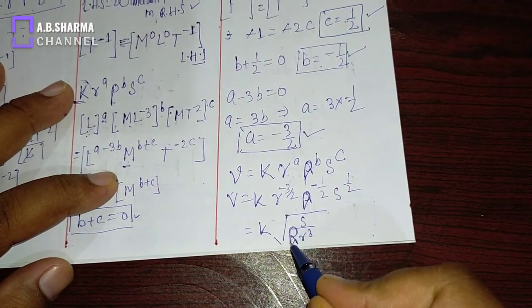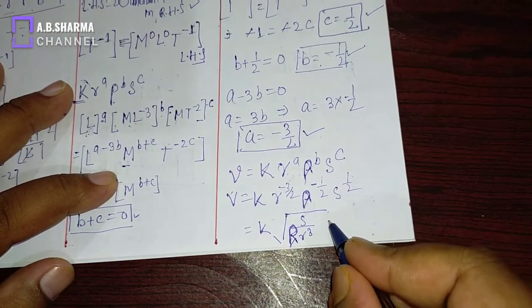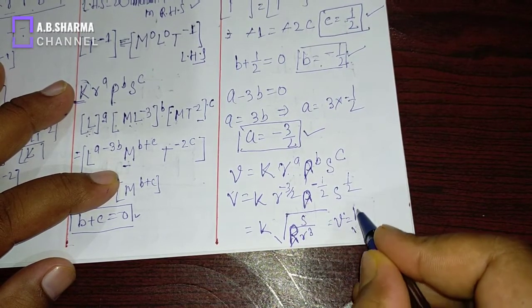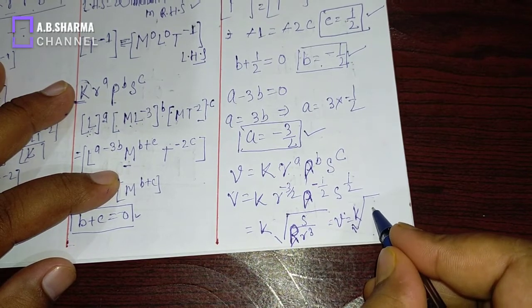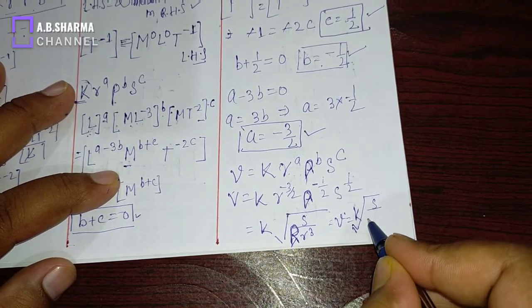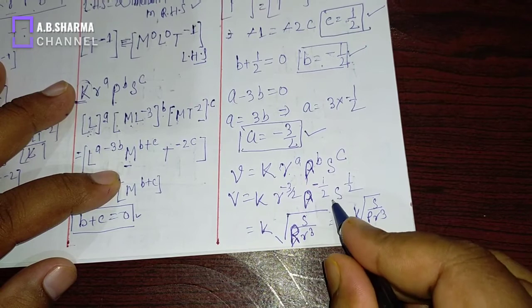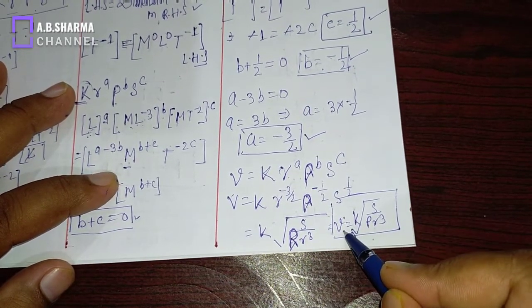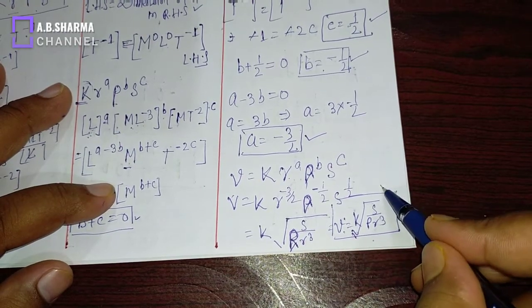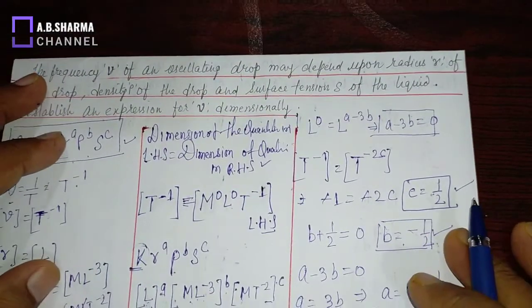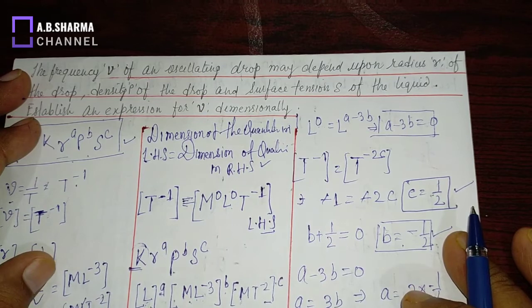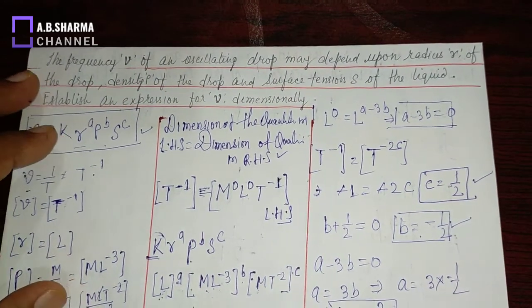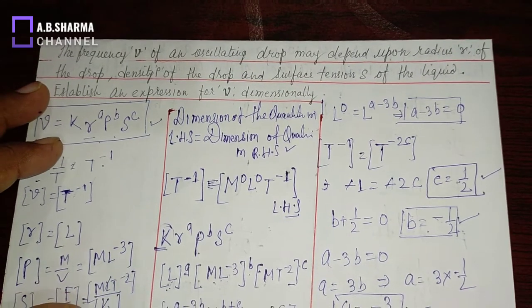So ultimately we will get v equals k under root S over rho r cubed. This is the relation of frequency from the above question. So this was a question from dimensional analysis. Hope you have studied the chapter properly.